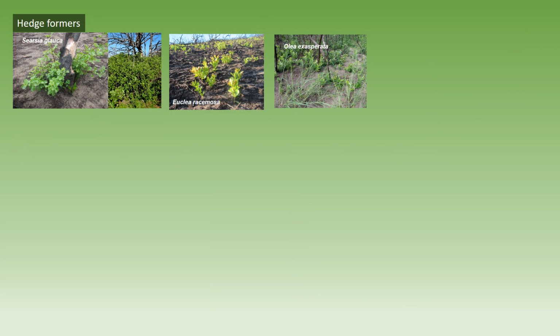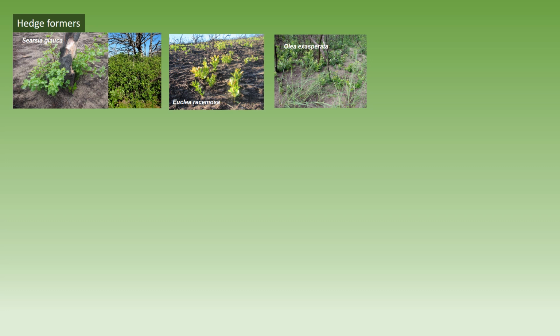All thicket trees, whether they're hedge formers, lateral spreaders, or vertical growers, can sprout after fire, and presumably after defoliation by herbivores as well. They sprout different amounts.